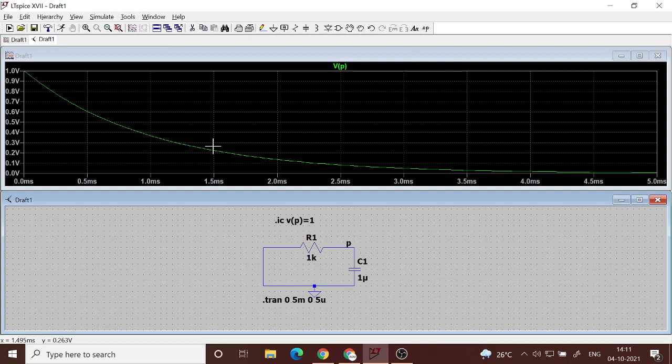And as I told you, the time constant is basically RC. RC is 1 millisecond. So this is 1 millisecond, from 0 to 1 millisecond. That is one time constant.